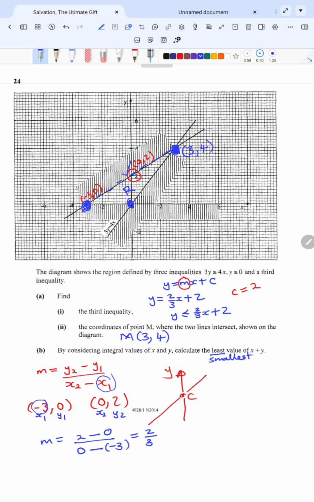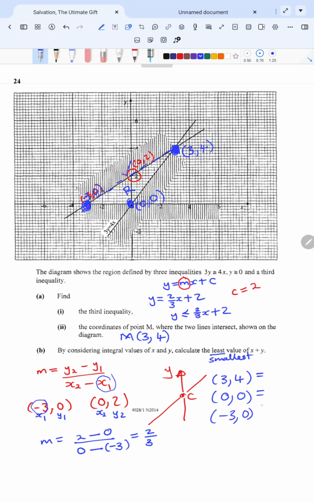So the first vertex is (3, 4). Then here is (0, 0), the origin. We have also another point which is (-3, 0).